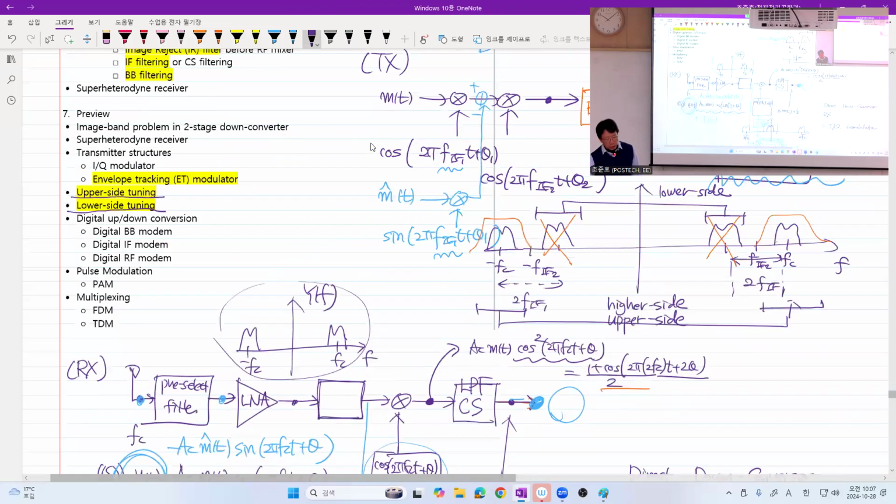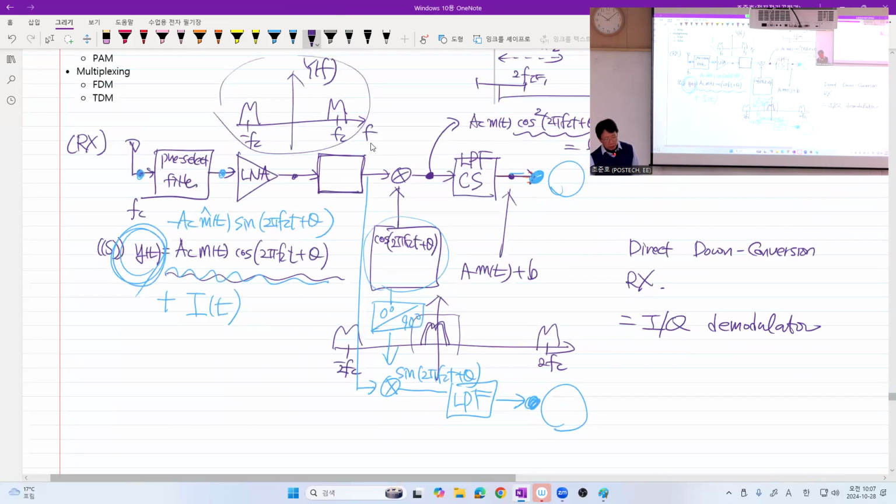Now let's go back to the image frequency, image band problem. Sometimes we need a filter here, because this pre-select filter may not have a very sharp cutoff. So this filter preceding the mixer may need a better frequency response even in a direct down conversion receiver.